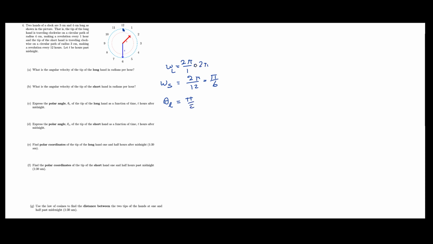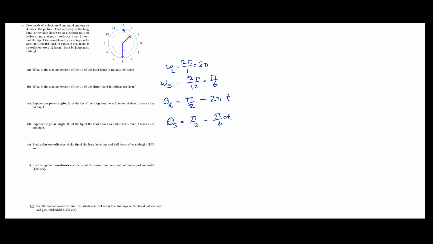And then it goes clockwise, which is negative of the counterclockwise direction that we consider, so negative the rate times t. So it's a linear function with this initial value and this rate. The same question is asked about theta sub s. Again, at midnight the short hand is at pi half, and then it changes at negative pi sixth rate.